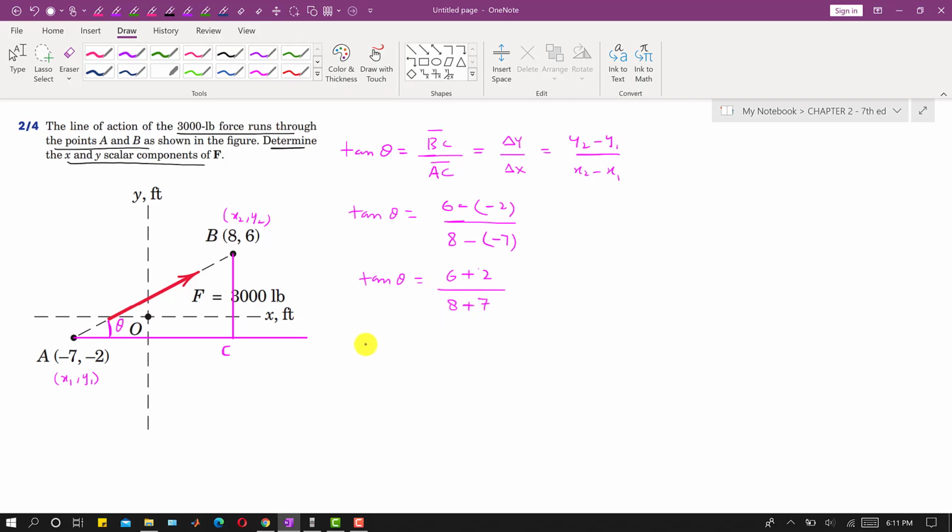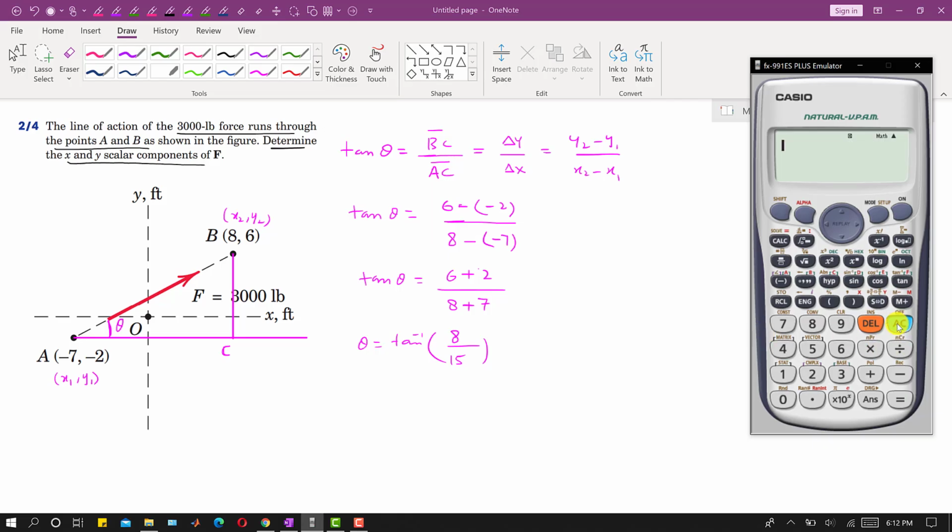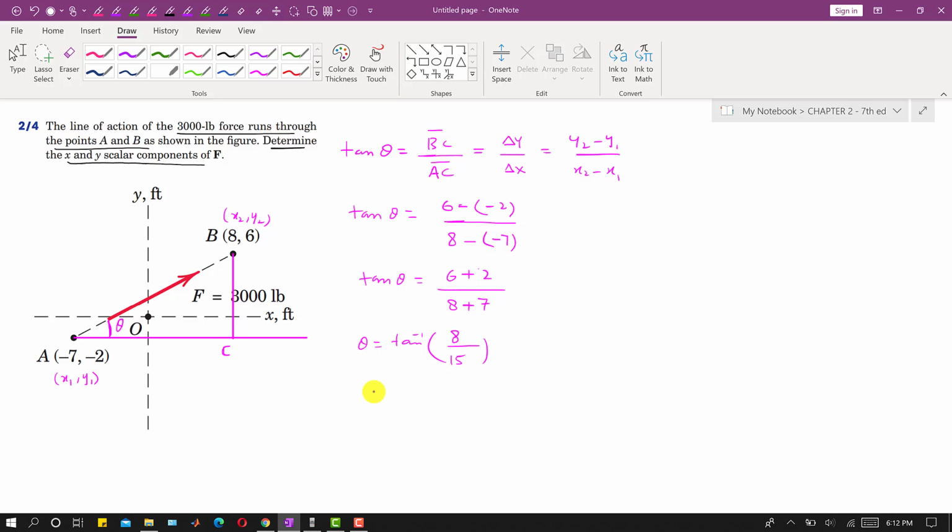So theta will be equal to tan inverse of 8 over 15, right? So this will give us the theta angle. So tan inverse of 8 divided by 15 is 28.07, so theta is 28.07 degrees. So this means that this given force is making 28.07 degrees with the x-axis, the line which is parallel to the horizontal, right?